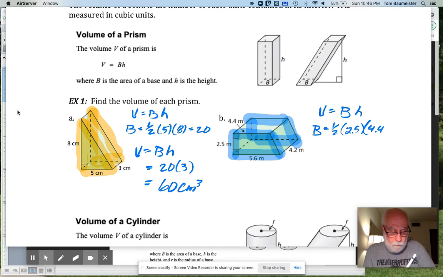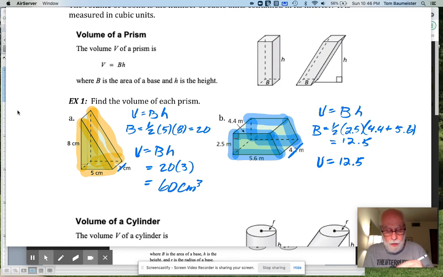And I said plus, so let me fix that. Plus 5.6, and that'll equal 12.5. So our volume will be our capital B, which is 12.5, times our height. The height would be the one in between the two, so right here our height was 3.